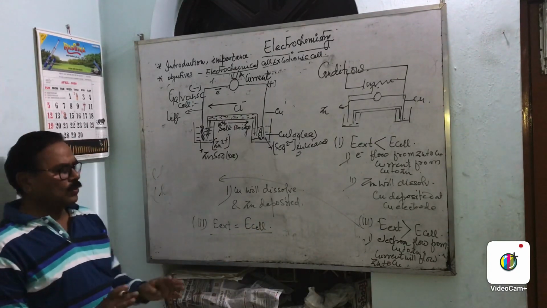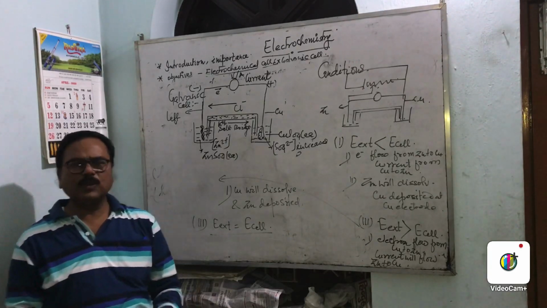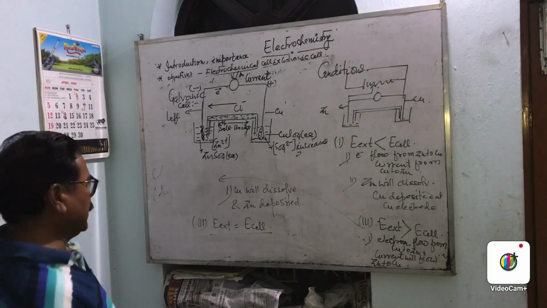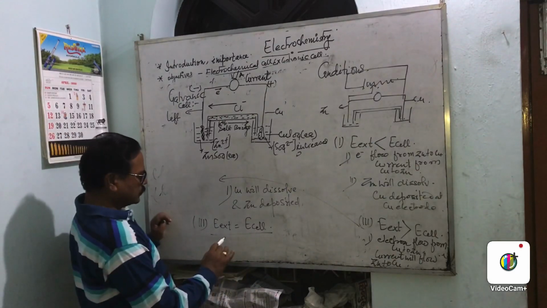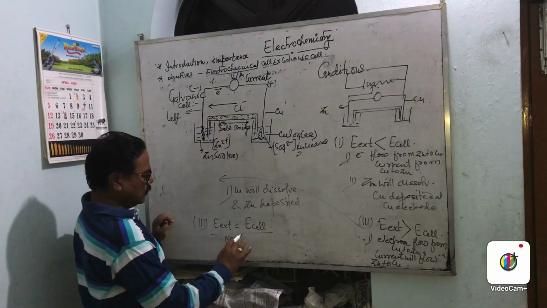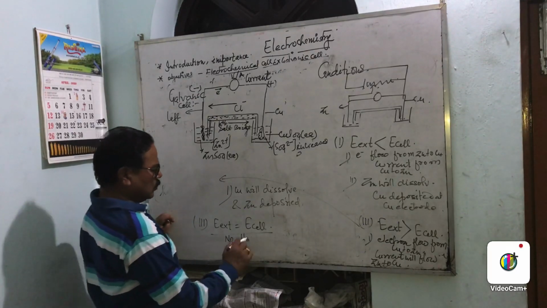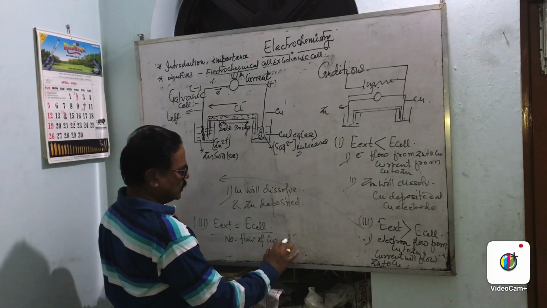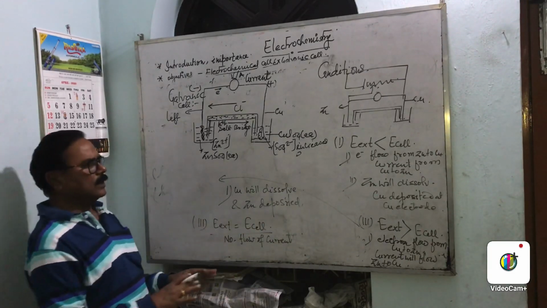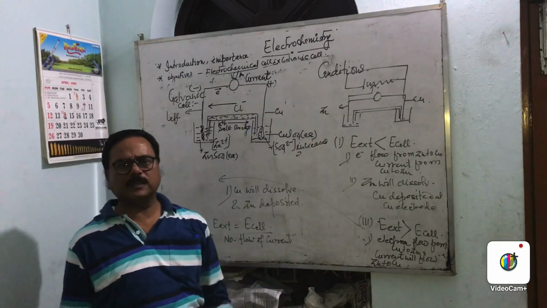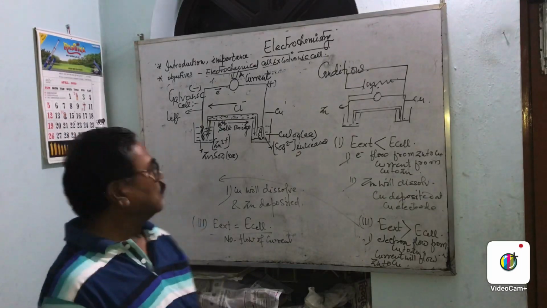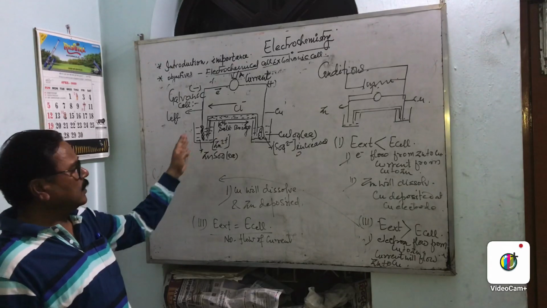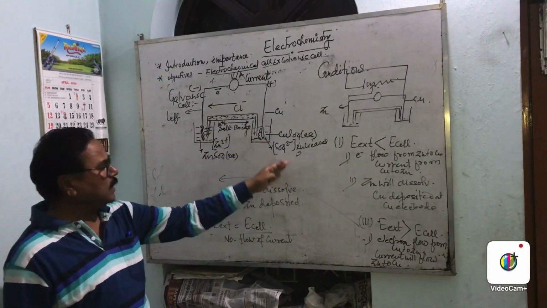No flow of current, no deposition, no flow of current and no chemical reaction. These three conditions are given with figure in your book. You will see these three conditions are very important. So this is galvanic cell, representation of galvanic cell, half cell and the complete cell.